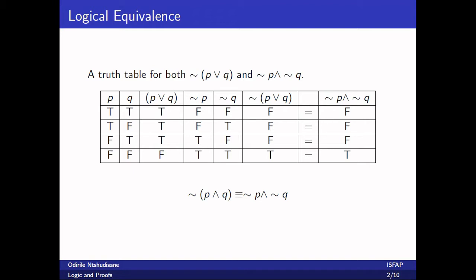Notice that for any truth value assigned to the statement variables P and Q, not (P or Q) and not P and not Q have the same truth value. In this case, we say that the two statement forms are logically equivalent, written as shown below.